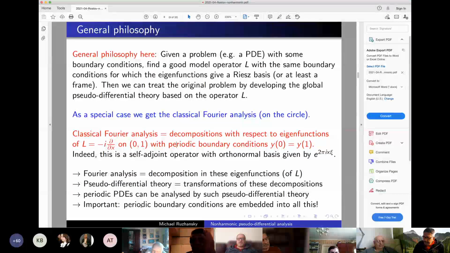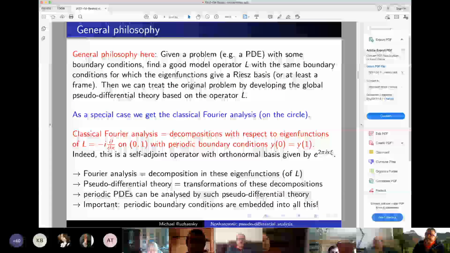Or if you have a manifold with some geometry, maybe we should develop a version of Fourier analysis which is well suited for this particular geometry. And then, as I say here, we can develop Fourier analysis based on decompositions in eigenfunctions of some operator with these different boundary conditions.